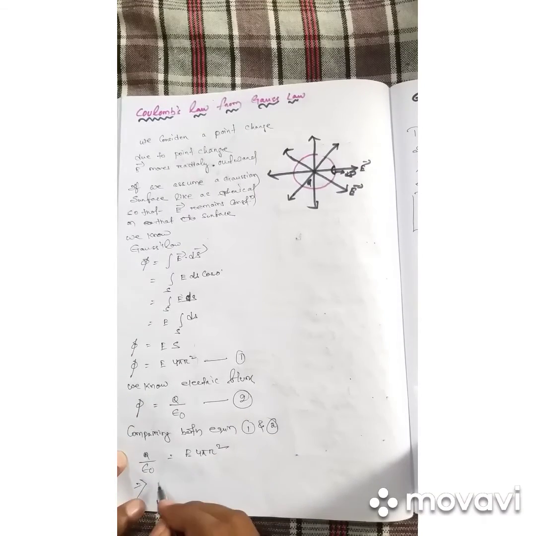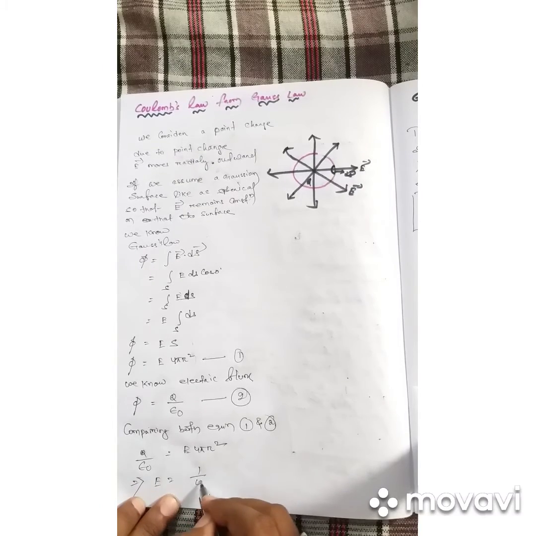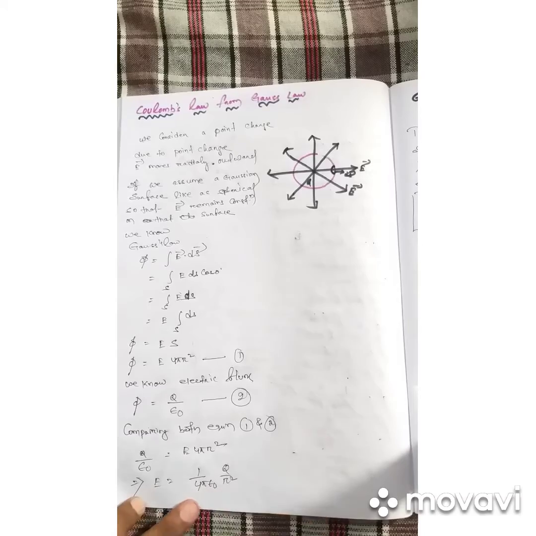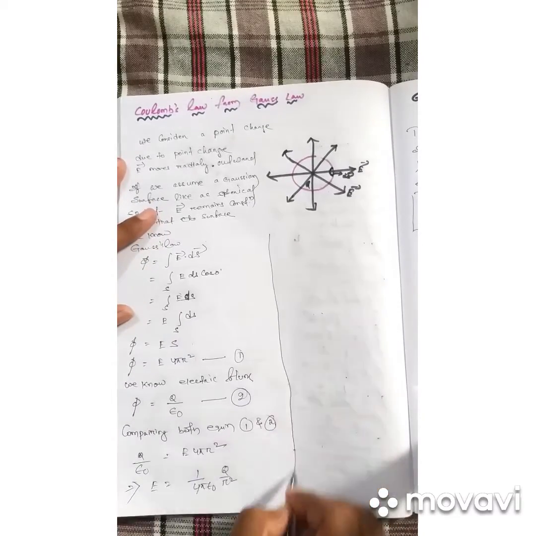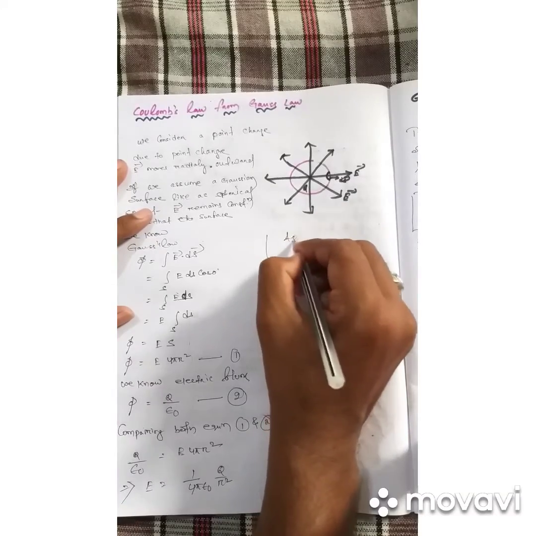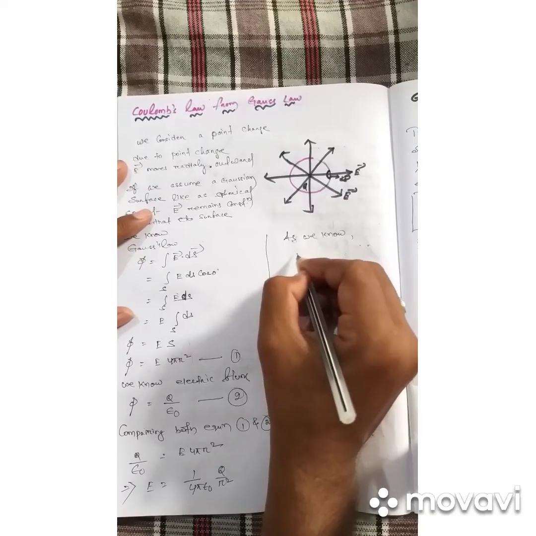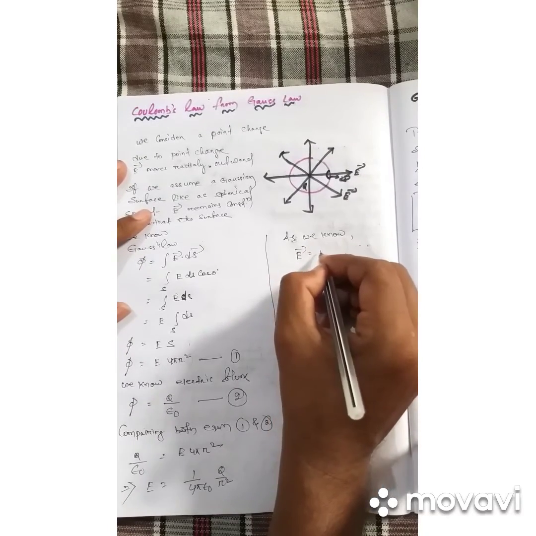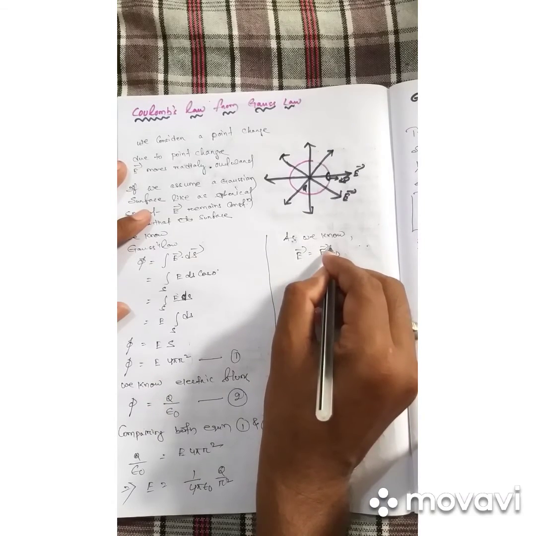That implies E equal to 1 by 4 pi epsilon naught Q by r square. As we know, electric field intensity equals force per test charge.